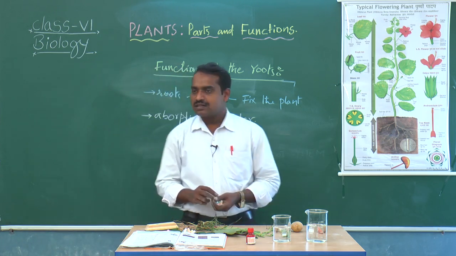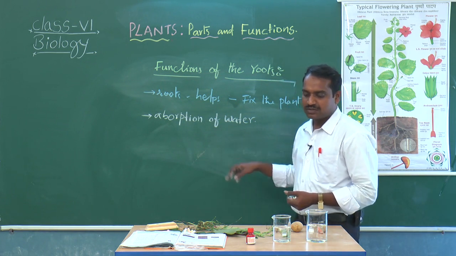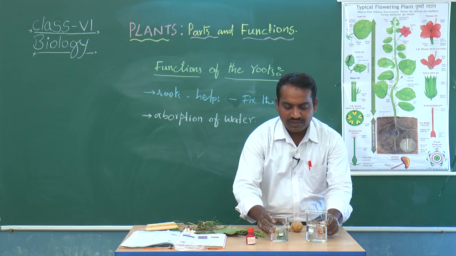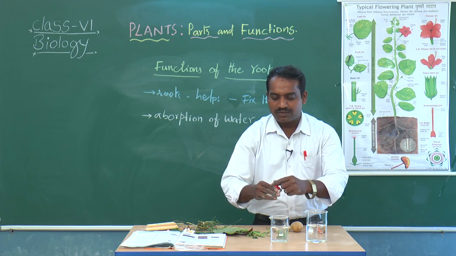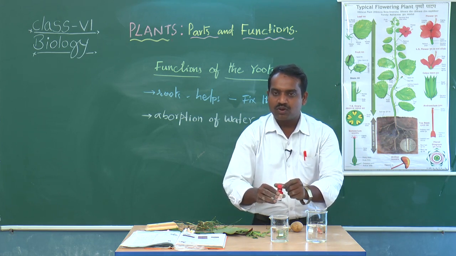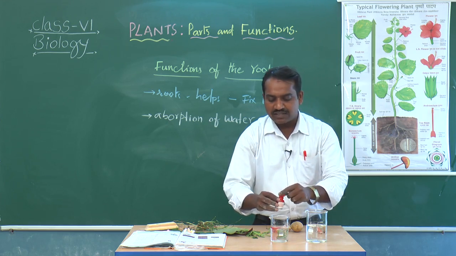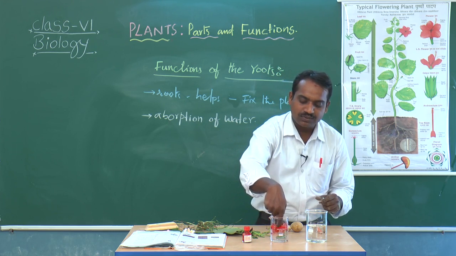To understand this function called absorption of water by the roots, we need to take two beakers which are filled with water. To one of the beakers we have to add a few drops of red ink. After that, the water present in the beaker turns red in color.